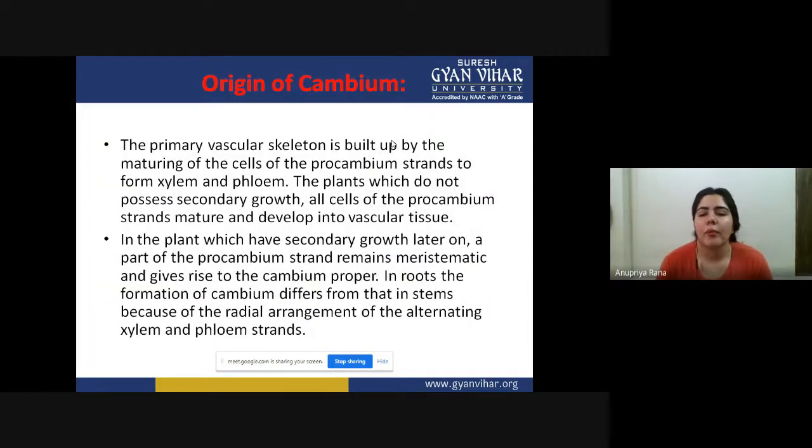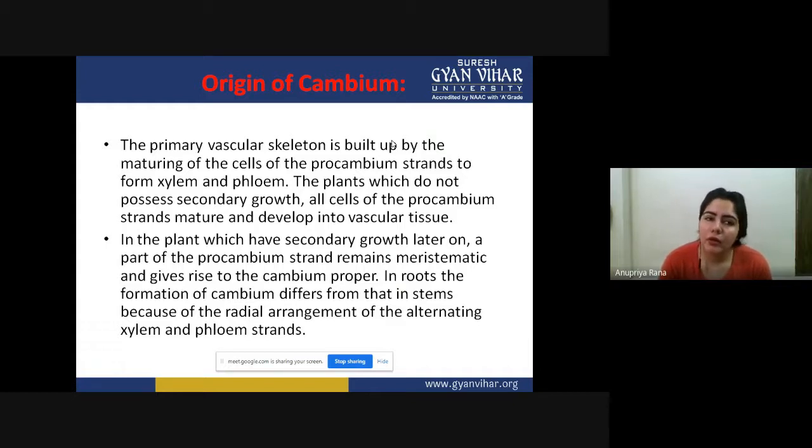Now, talking about the origin of cambium, how cambium originates inside our dicotyledon plant body: the primary vascular skeleton is built up of the maturing cells of the procambium strands. As we already studied in meristematic tissue, we have that inner layer.